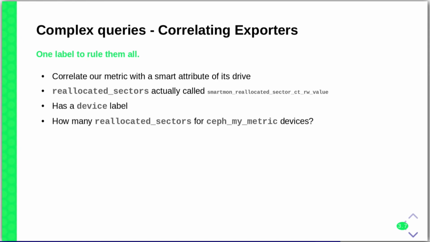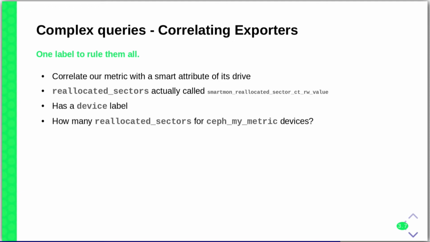All right, so we have a bunch of metrics from our exporters, and for example, we have the node exporter and our Ceph exporter. Now we want to correlate metrics across exporters. For example, it would be really interesting to see for an OSD what are the SMART values for the drive behind the OSD.